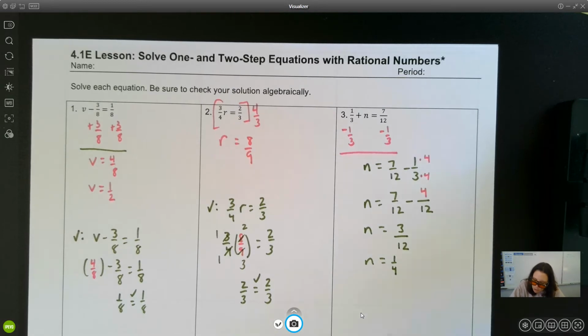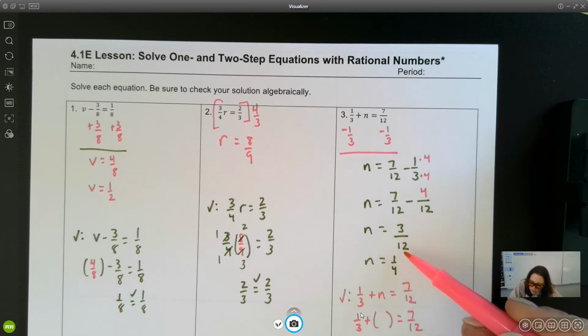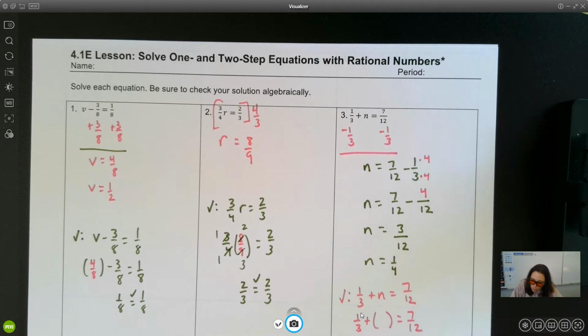Okay, so let's do the check. 1/3 plus n equals 7/12. 1/3 plus something equals 7/12. I'm going to put in this 3/12, and then I'll just have one thing to get into a common denominator rather than two things.